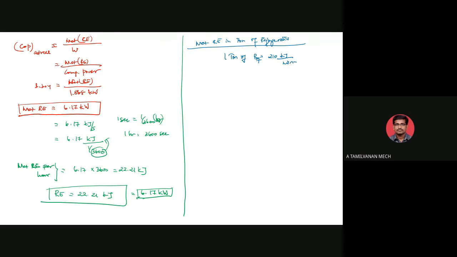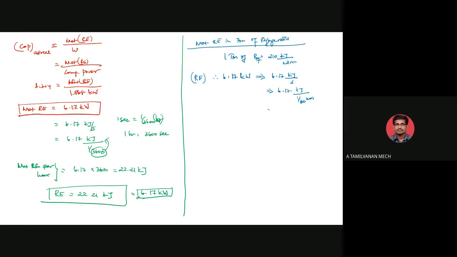Here, the refrigeration effect you obtained in terms of kilowatt is 6.17 kilowatt. Better you convert it into minutes. 6.17 kilowatt is written as kilojoule per second, so 6.17 kilojoule, where 1 second is equal to 1 by 60 minute.